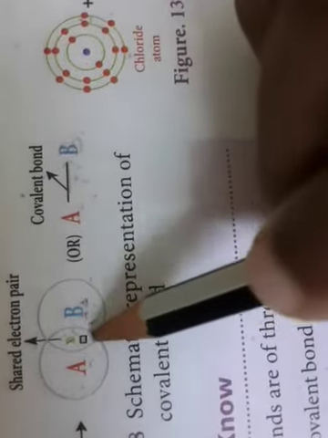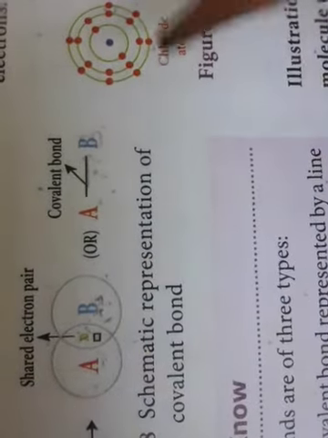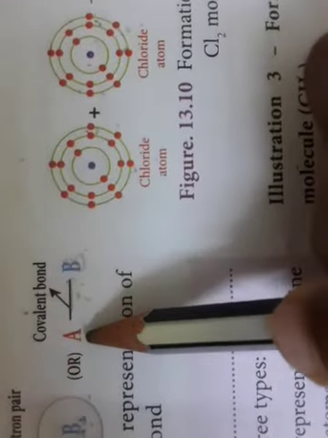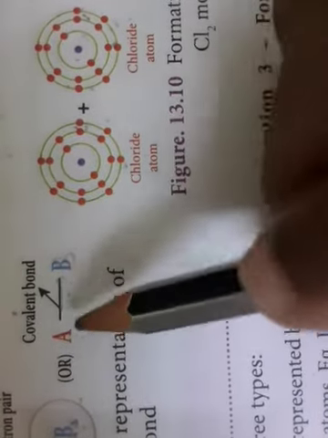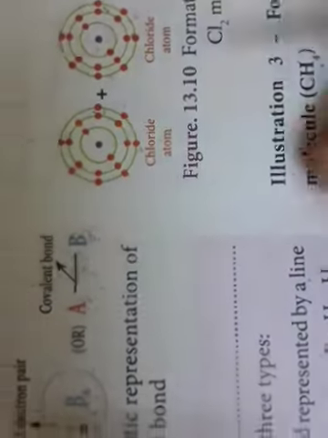When these electrons are shared between A and B, they will get a stable electronic configuration. Now, when these two atoms are sharing electrons, what will happen as a result of this? The bond formed between A and B is a covalent bond.